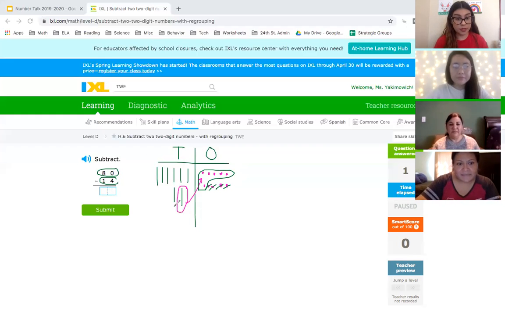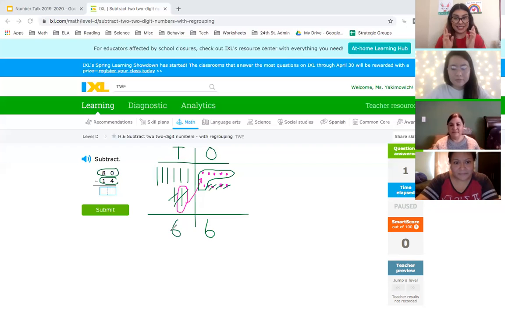Okay, I don't have this one anymore, but then I also have to take away 1 more 10. Here we go. Okay, now I should have the right answer. Let's check. So I have 6 ones, and then 1, 2, 3, 4, 5, 6 tens. All right, so my answer is 66.